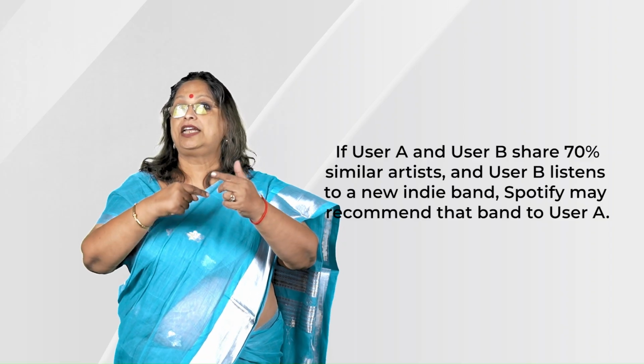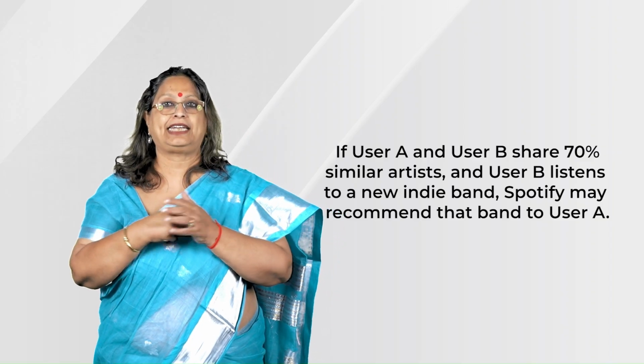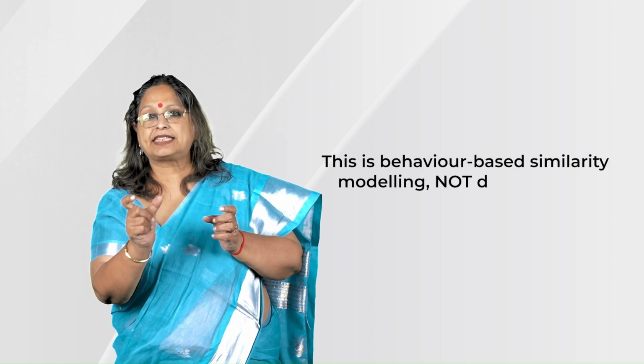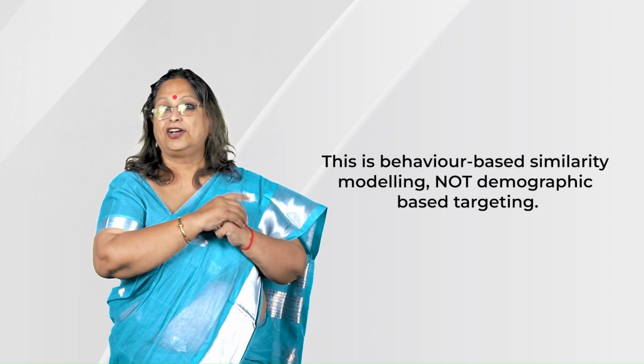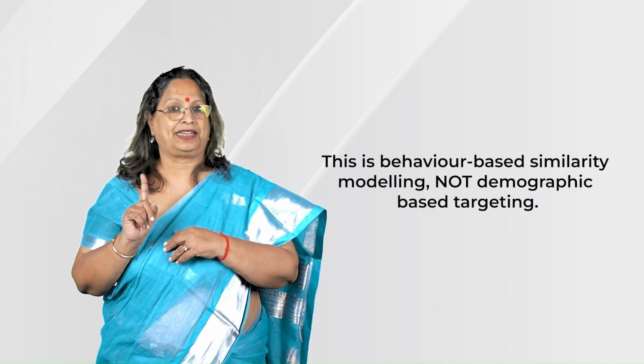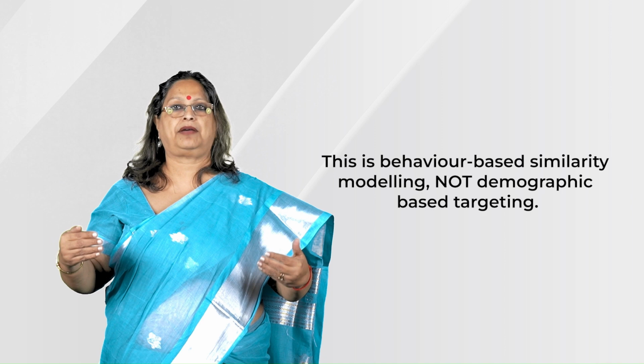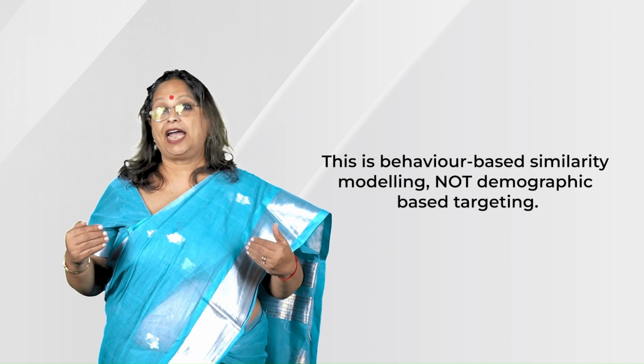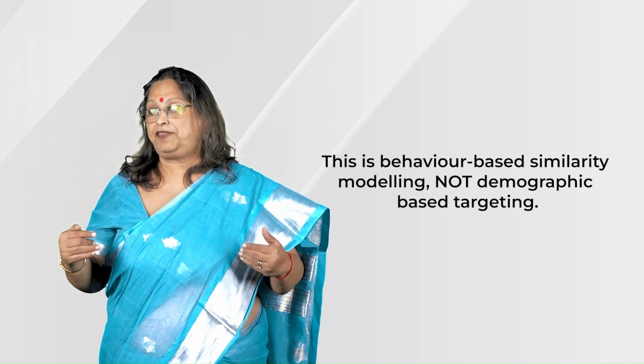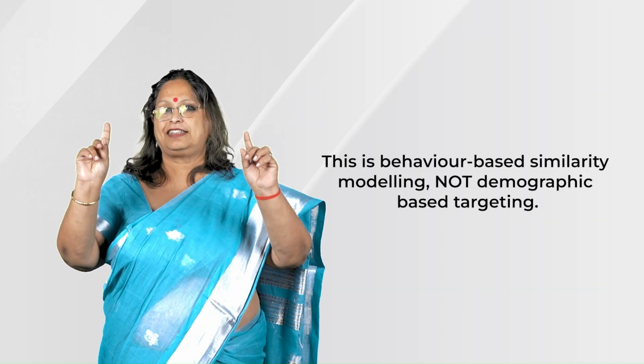Remember, they share 70% commonalities. This is behavior-based similarity modeling, not demography-based targeting. It is just machine learning information which is coming into Spotify. And who is the end benefit person? The listener, the consumer.